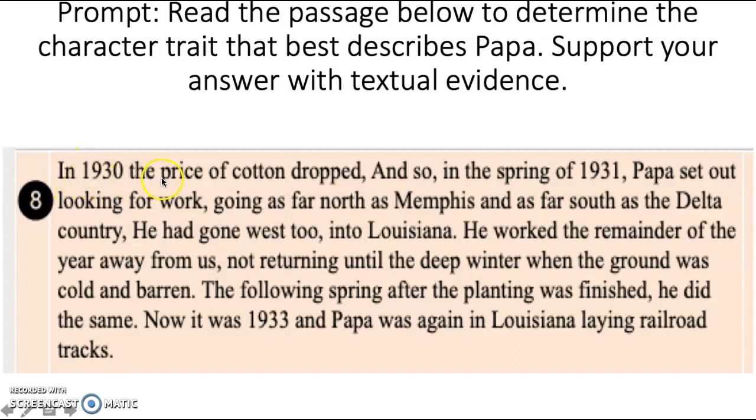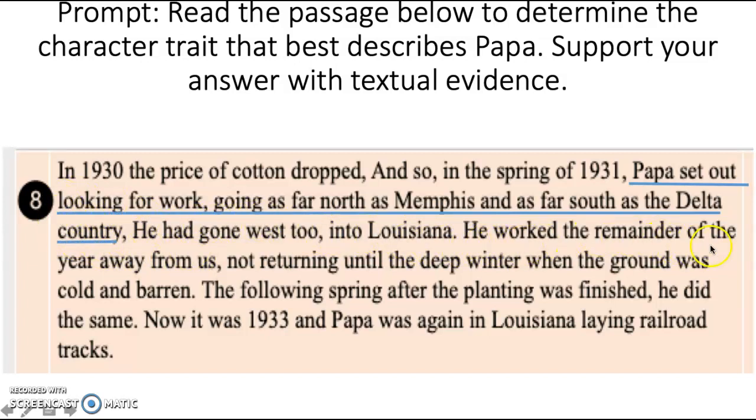In 1930, the price of cotton dropped, and so in the spring of 1931, Papa set out looking for work, going as far north as Memphis and as far south as the Delta country. So I'm thinking to myself, that's definitely an action that Papa did, so I'm going to underline it. He had gone west, too, into Louisiana.